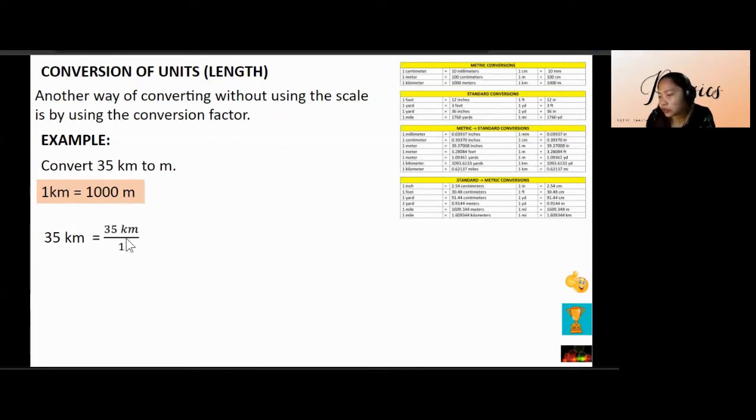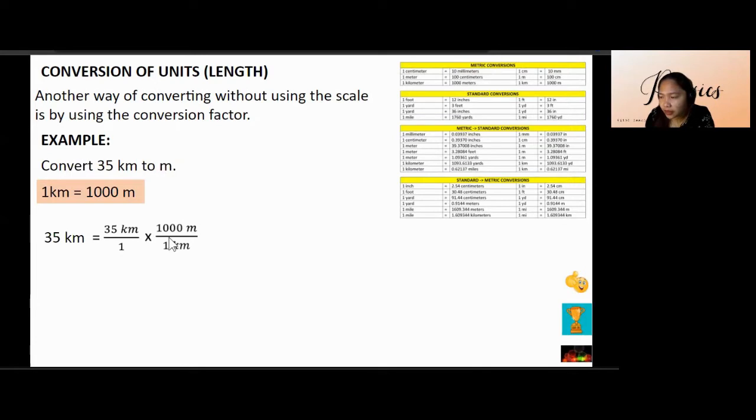35 kilometer is equal to 35 kilometer over 1. Multiply it with the conversion factor. So this is a conversion factor. If you notice, we can just interchange these two units, meter, kilometer. We can just put the 1 kilometer on the numerator and the 1,000 meter on the denominator.